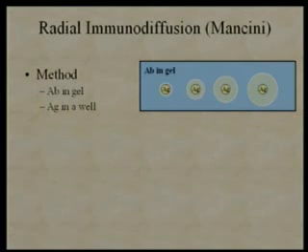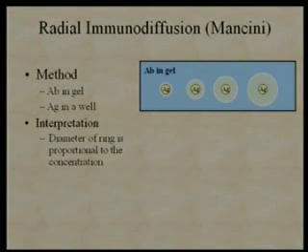Now, this test is actually quantitative because the diameter of the ring of precipitation is related to the concentration. The higher the concentration of the antigen, the more it's going to have to diffuse before you reach that point of equivalence. And so the diameter of this ring of precipitation is proportional to the antigen concentration.